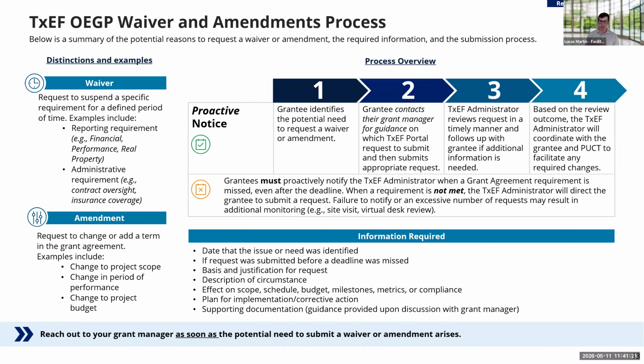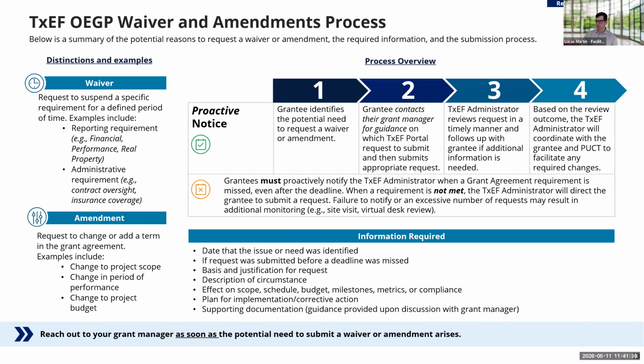So there's a clear distinction there: the amendment is a higher bar, and a waiver could come on a quarterly basis depending on the reports that you all are submitting.